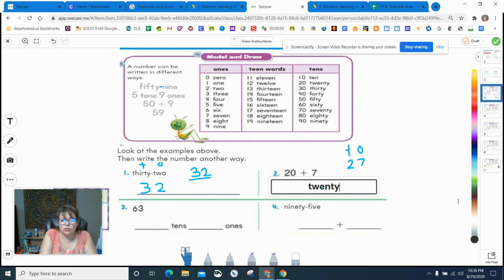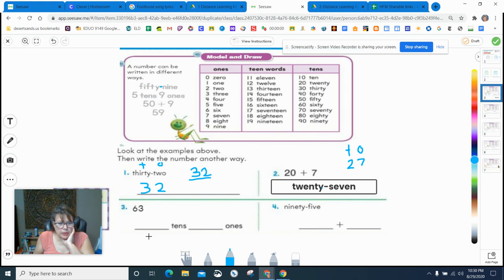T-W-E-N-T-Y. Now, to separate the tens from the ones, I have to put a little hyphen like that. And then I have 7 ones, so I go to the ones place and I look at the 7 in a word and I type 7. So now I have the number in a word form.